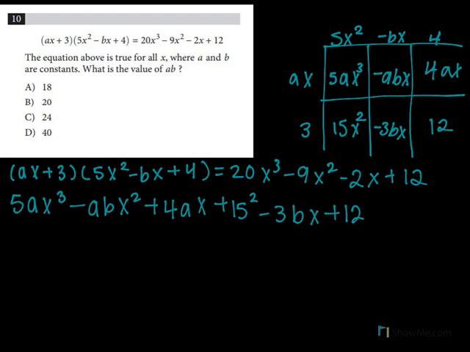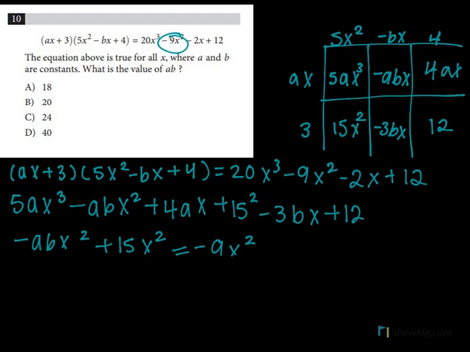But regarding the right-hand side of the equation, the only x squared term is negative 9x squared. And since the expressions on both sides of the equation are equivalent, we know that negative abx squared plus 15x squared equals negative 9x squared.